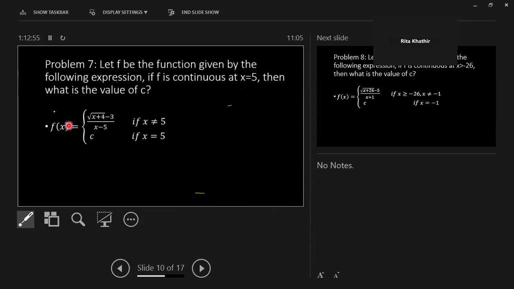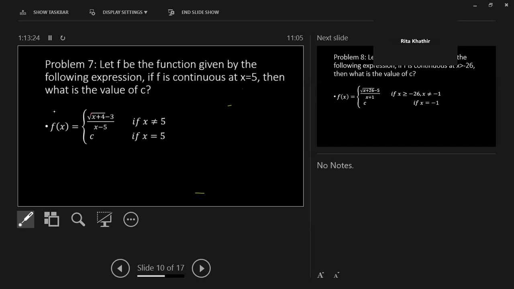We can follow this function: f of x equals the square root of x plus 4 minus 3, over x minus 5, only if x is not 5. Why? Because if we put x as 5, then it would be over 0. 5 minus 5 is 0. And the question is, what is c?